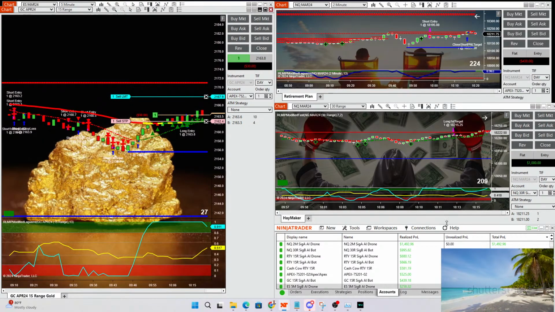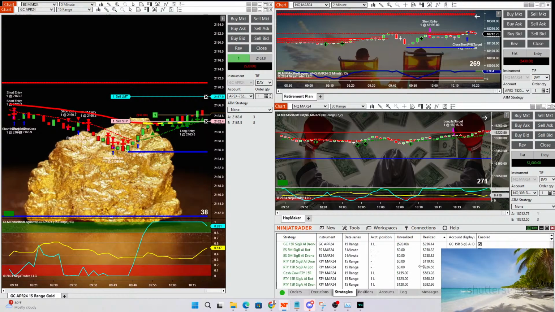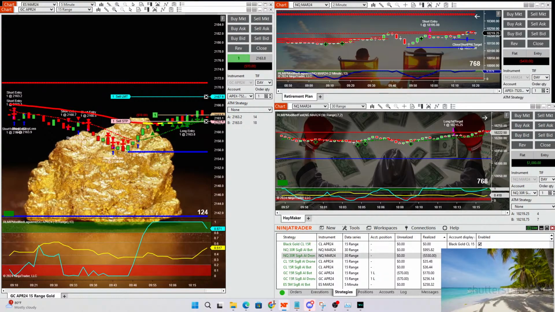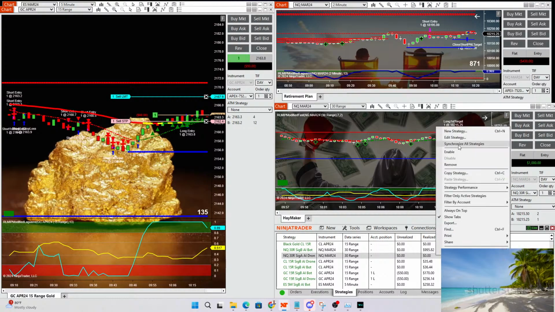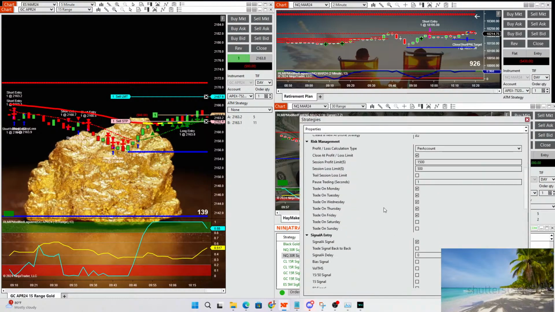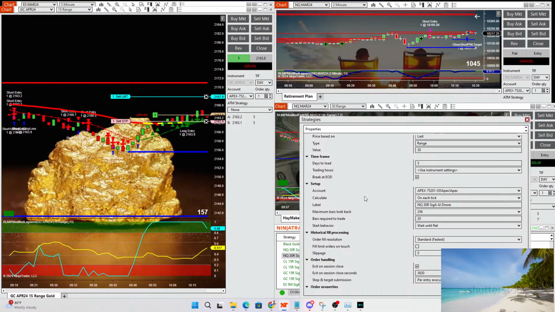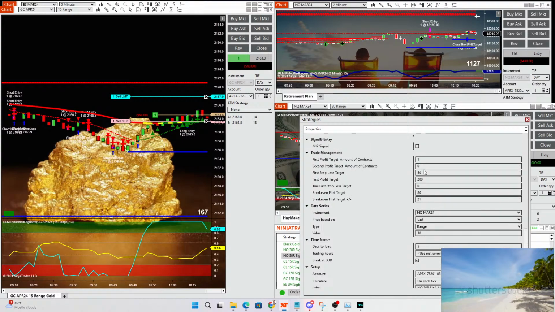What I'm going to do is put that 2-minute strategy that's on my Apex going back in the sim account. You know what? It's risking 250.